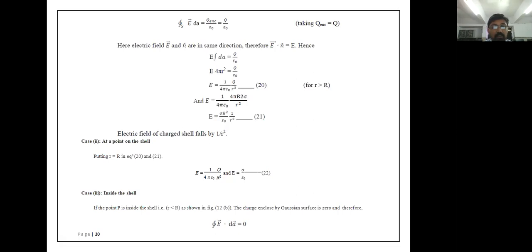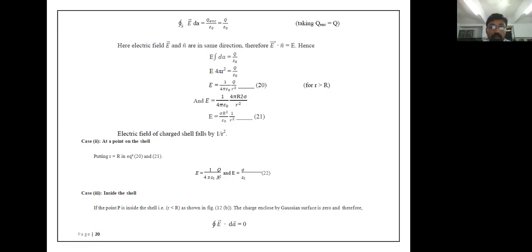Now the second case, where we want to find out the electric field on the surface of the sphere. So second case, at a point on the shell. In this case, we put small r equal to capital R in equation 20 and equation 21, because small r is the radius of the Gaussian surface, or the distance from the center of the sphere to point P at which we want to calculate the electric field.